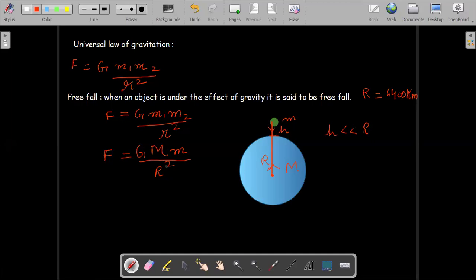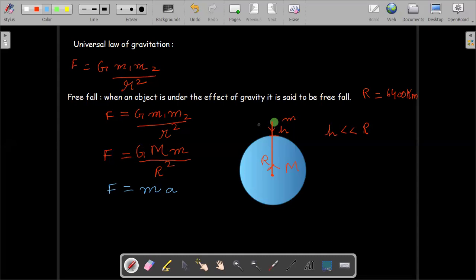All right. So this force can also be given by the formula which we have already used. We know that force is equal to mass times acceleration. So if GMm over r squared is the force acting between them, I can also obtain the force as mass times acceleration, where acceleration will be there in this mass.